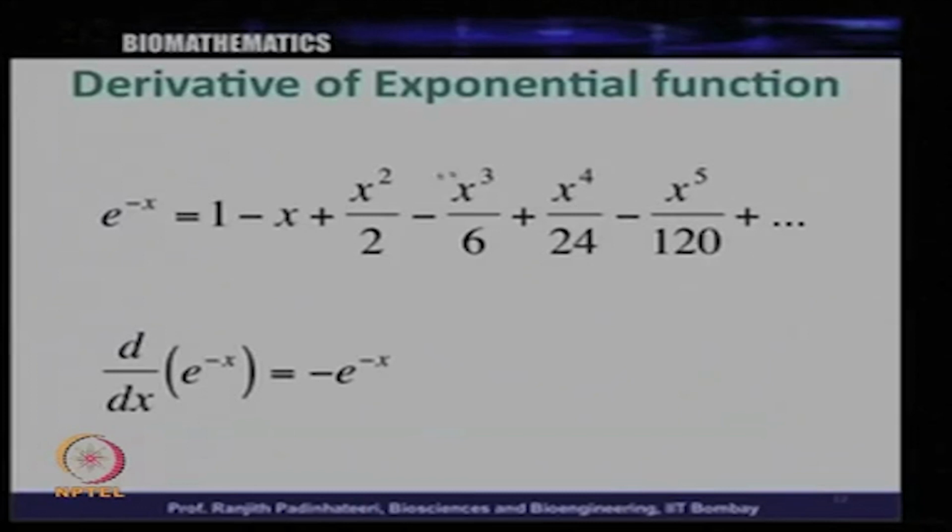If we know this sum, just like what we did before, we can calculate the derivative of each term and sum them all up, and you will get the derivative of e power minus x. Let us quickly try doing this.